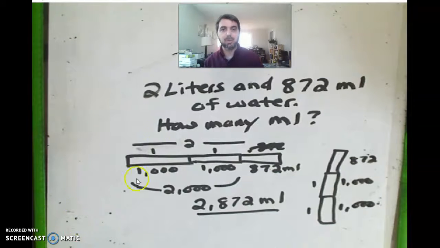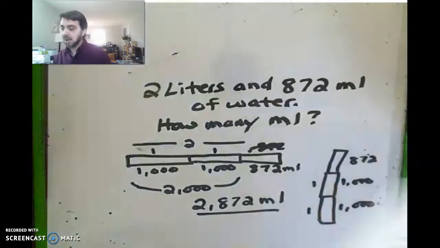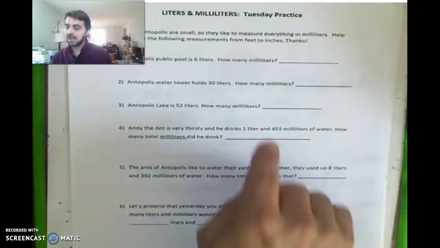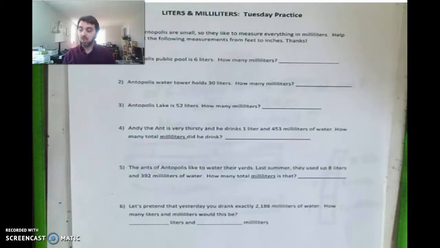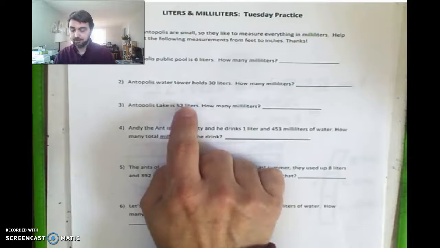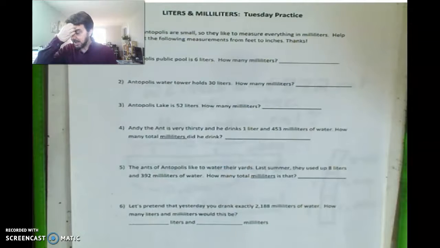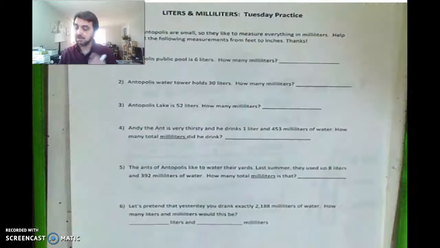So that should help you with the practice today, again, with Antopolis, asking you some questions about their pool and their water tower. One of them goes up to 52 liters. But the multiplication is not hard, right? 1,000 milliliters for every liter, okay? And then there's a couple questions where it's a mixture of liters and milliliters, just like we were doing.